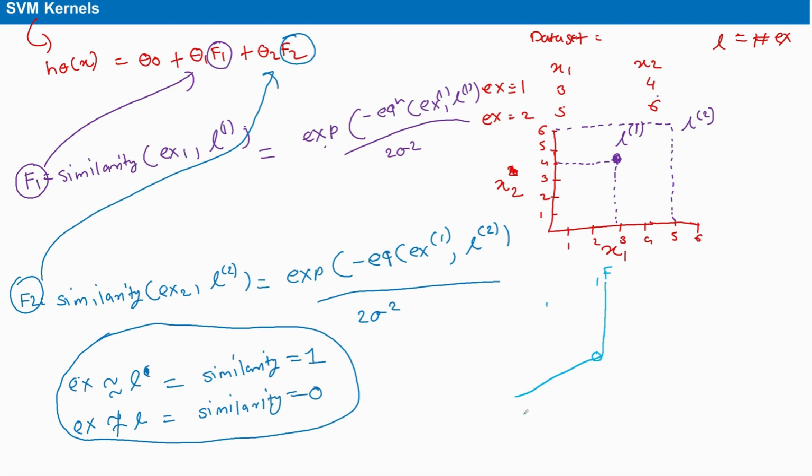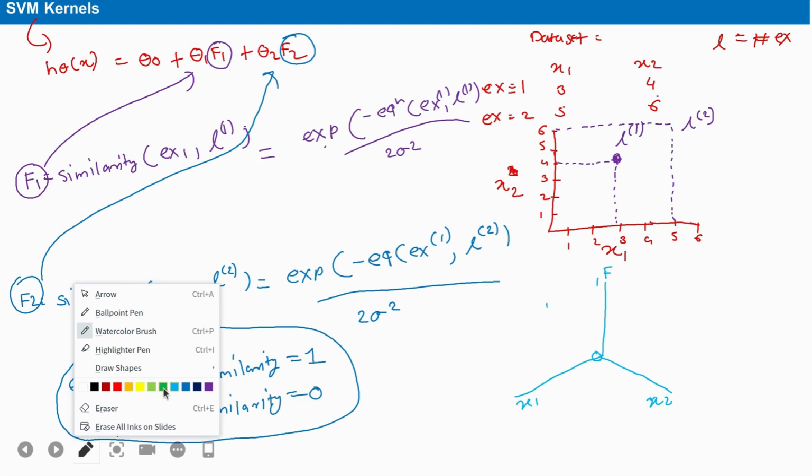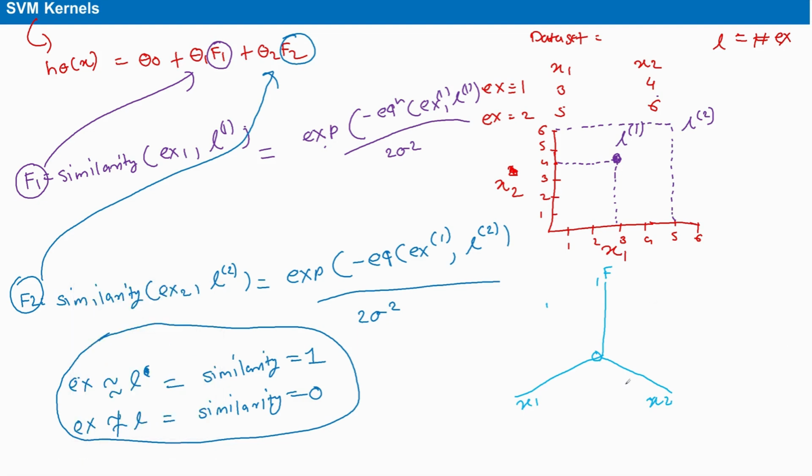This x-axis is your x1 and this y-axis is your x2. With the help of this similarity function, we are transforming x1 and x2 into either 1 or 0, meaning we are moving to the 3D space.